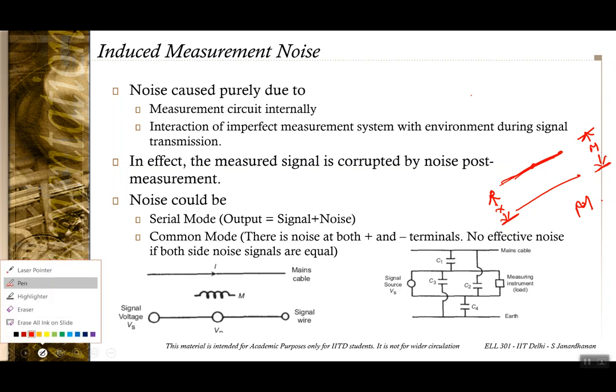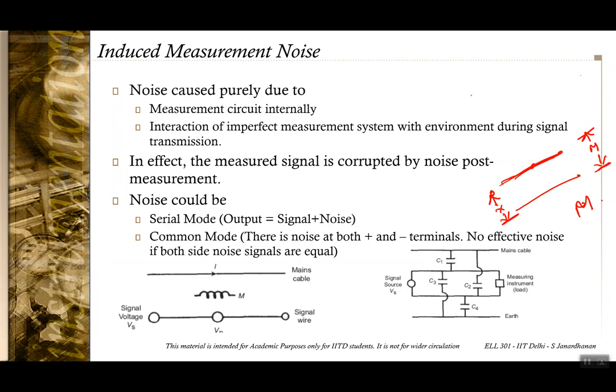Let us say there is a ground here, and there is a mains cable going here that interacts with this signal cable and causes some amount of noise signal, let us say N, coming into the circuit.